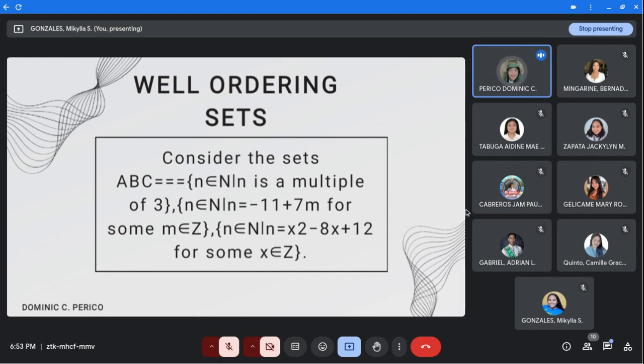Because x is an integer, we determine that the minimum value of x² - 8x + 12 occurs at x = 1 or x = 7, since 1² - 8 × 1 + 12 = 7² - 8 × 7 + 12 = 5. The smallest element in C is 5.